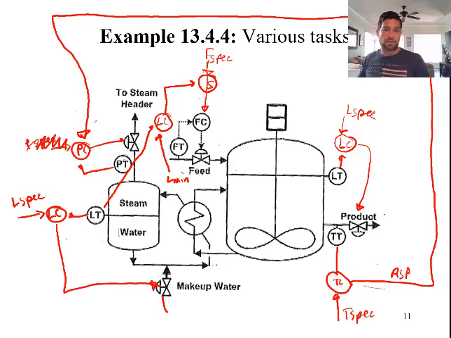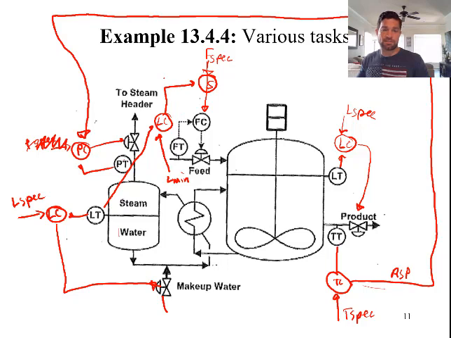So in order to get this to a low level, how do we affect the feed to the system? This is a little bit trickier to think about. It's saying if this gets too low, it's going to back off on the feed to the system.